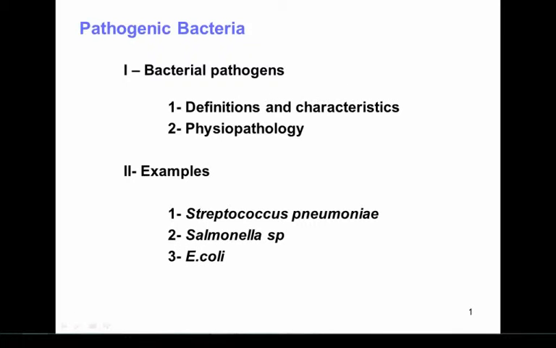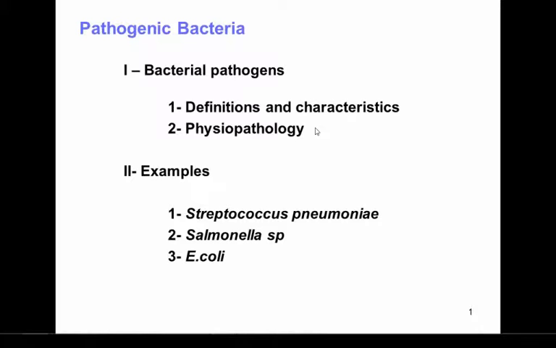Our focus is going to be bacterial pathogens. And for today, we're going to do the first part: definitions, characteristics of bacterial pathogens, physiopathology. How does a bacterial infection progress, and what distinguishes a pathogen from a harmless bacterium?